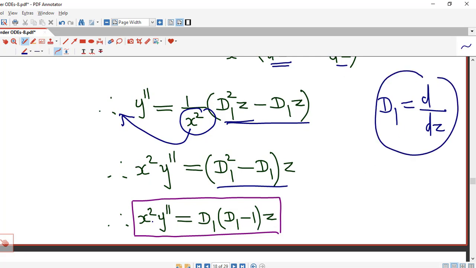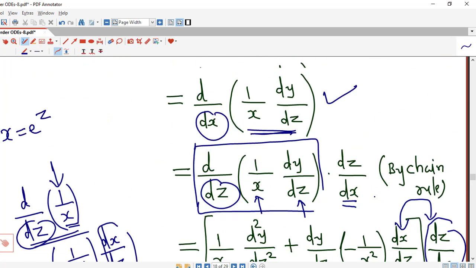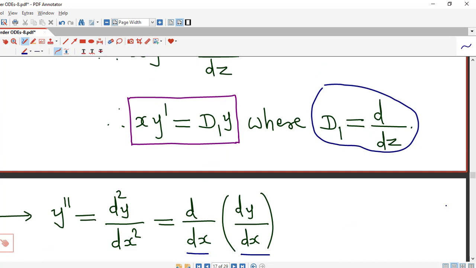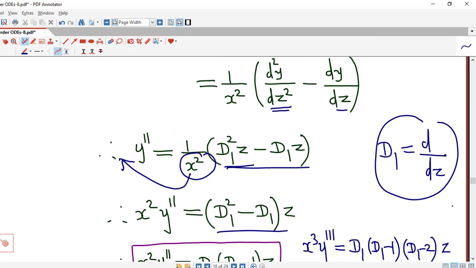Similarly we can generalize this. If we have x cube into y triple dash, we will have D1 into D1 minus 1 into D1 minus 2, and we have, it is not z, just a minute, this is not z.